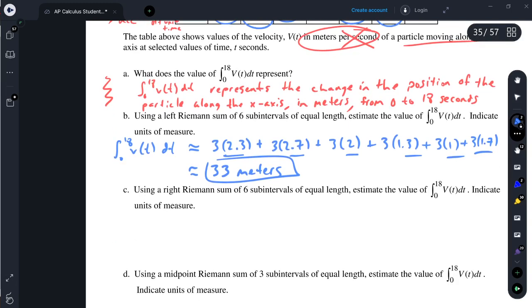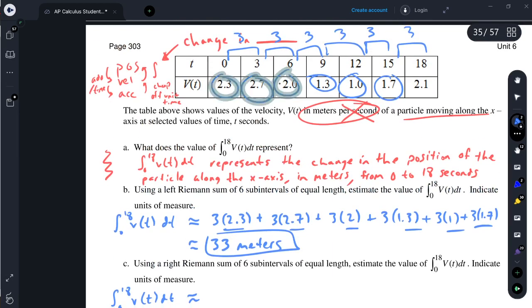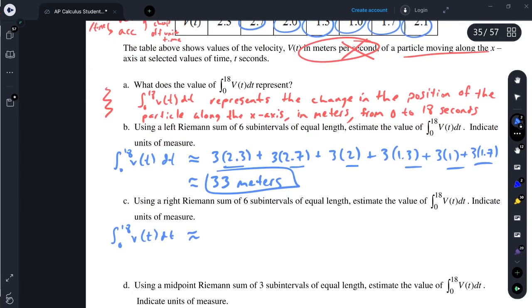All right, using a right Riemann sum of 6 subintervals of equal length, estimate the value of the integral from 0 to 18. So same thing, but now we're just doing a right Riemann sum, so we're just kind of reviewing those Riemann sums. And this is going to be all of those same 3's, but now 3 times 2.7, 3 times 2, 3 times 1.3, 3 times 1, 3 times 1.7, and 3 times 2.1. So I'll write that out really quickly for us.